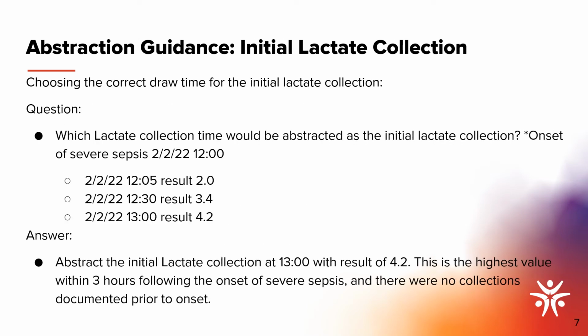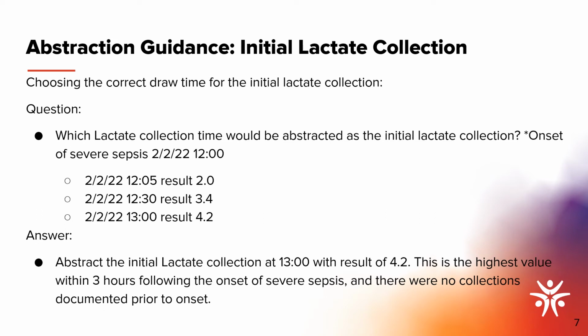In the previous scenario, we had determined that the onset of severe sepsis was at 12 o'clock. The lactate collections are as follows. At 12:05, the result was 2.0. At 12:30, the result was 3.4. And at 1300, the result was 4.2. Keep in mind that there were no lactate collections prior to onset.